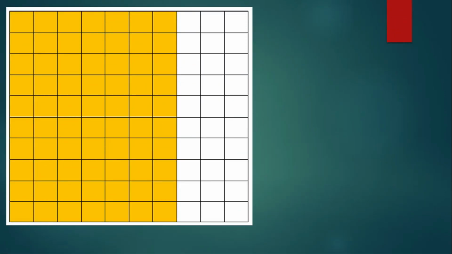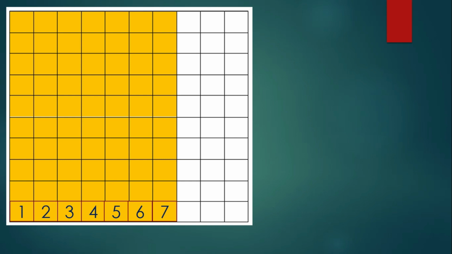Right. And now children, next you can see on the screen we have here 1, 2, 3, 4, 5, 6 and 7 strips with 10 small squares, and as I told you earlier, they represent the number at the tens place.